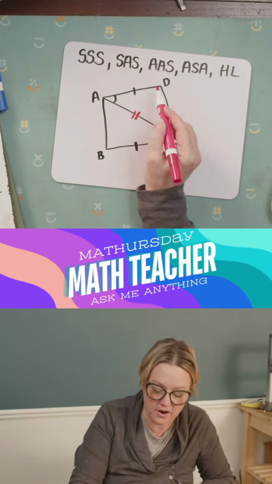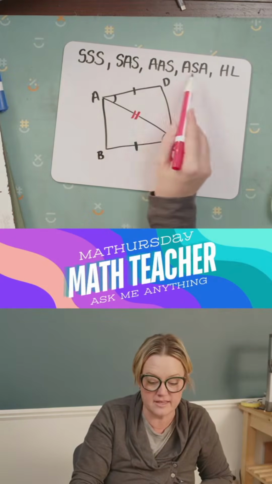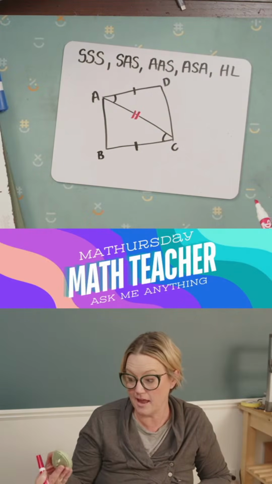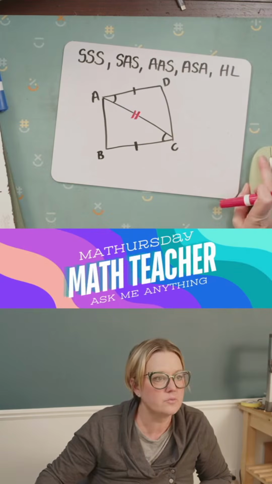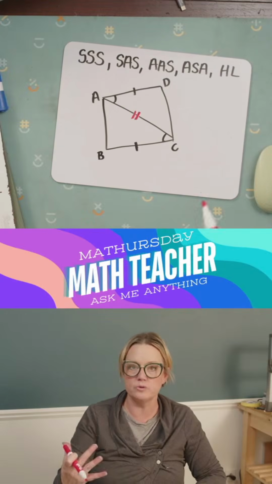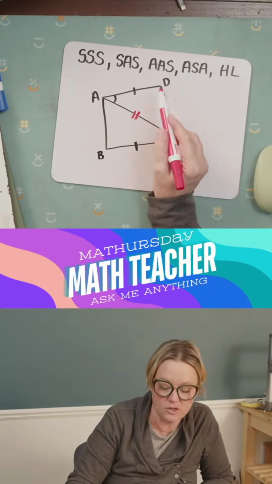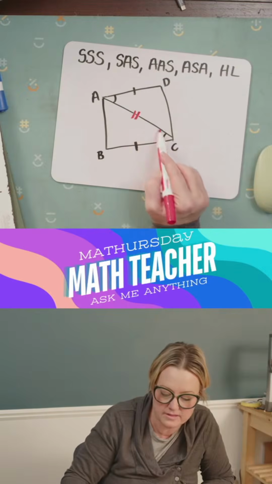So what I have here is I need to go in order. There's an order to these. There's a reason why it's SAS and not ASS, right? That reason is because that is the order in which you can actually use it to prove that these are congruent, okay? So this is side, angle, side.